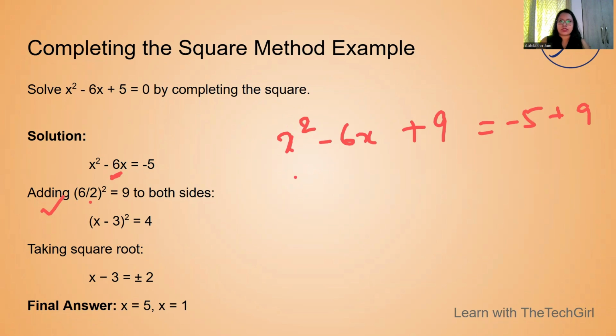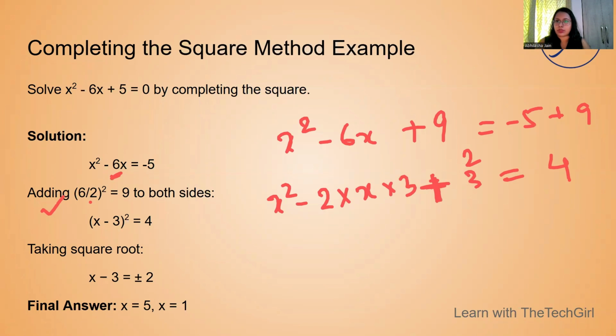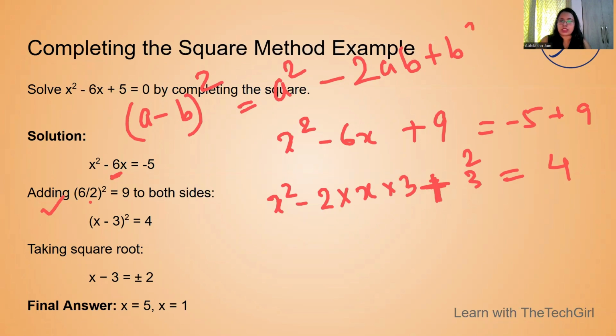Okay. Now if you see, you can split this to get x square minus 2 into x into 3 plus 3 square is equal to 4. Correct? So this looks familiar. What does it look like? This looks like a minus b whole square is equal to a square minus 2ab plus b square.